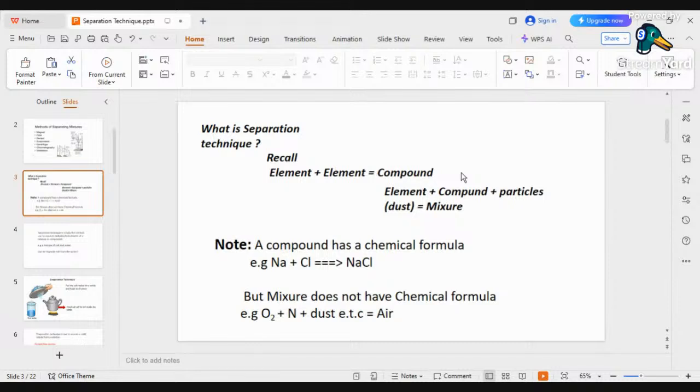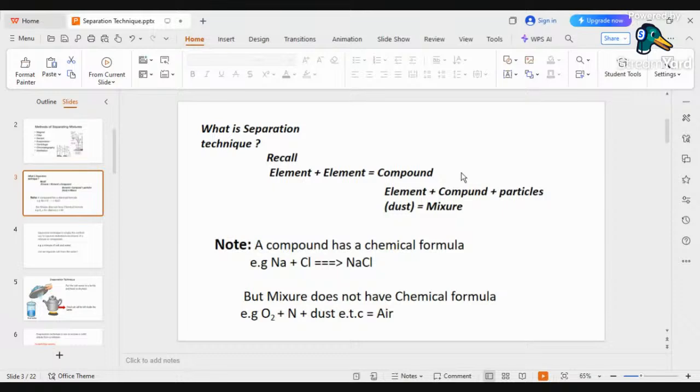An example of a compound is sodium chloride. Sodium is an element and chlorine is an element, coming together to form sodium chloride. So this combination of two elements ends up forming a compound that has a chemical formula. What about a mixture? We have oxygen, nitrogen, and dust coming together to form one thing, which is air.